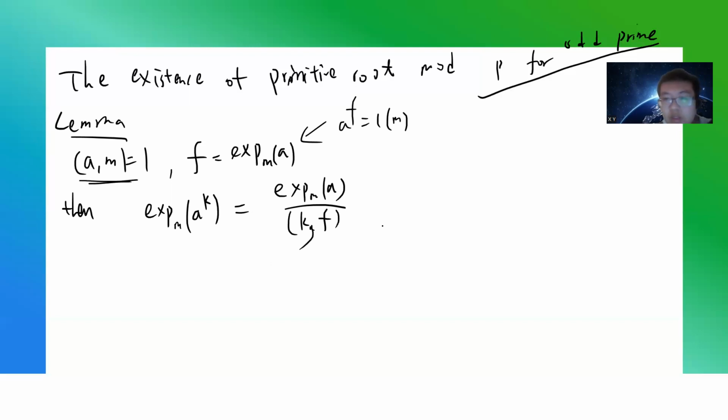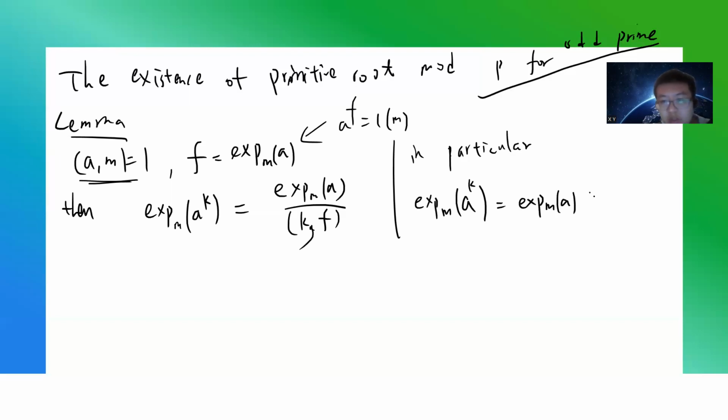Remember, this is just the GCD. In particular, the order of a^k is the same as the order of a if and only if gcd(k, f) is 1, so basically k is coprime to f.